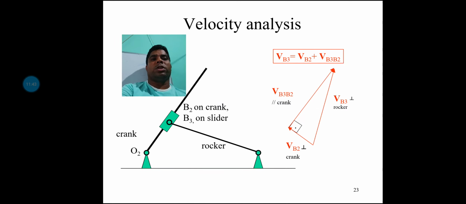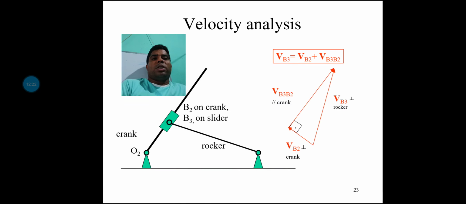Now the velocity analysis. Same figure, same point, three unknown quantities. The blue points are the unknown quantities: v2 on the crank, v3 on the slider, and the rocker arm is also used here. Now if I draw the velocity diagram, v3 is the rocker, v2 is denoted as the crank.